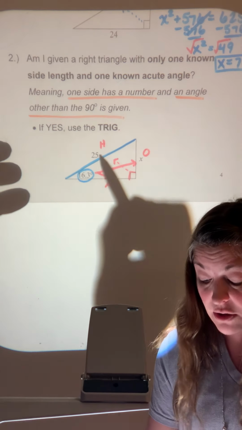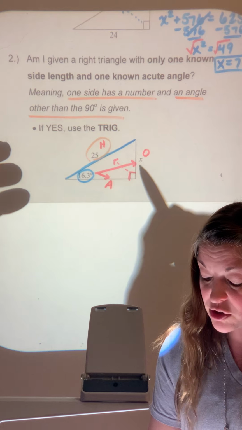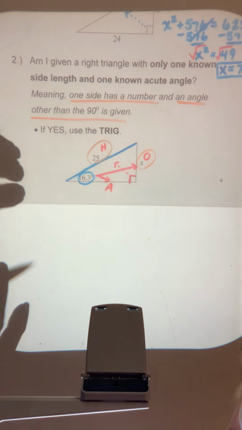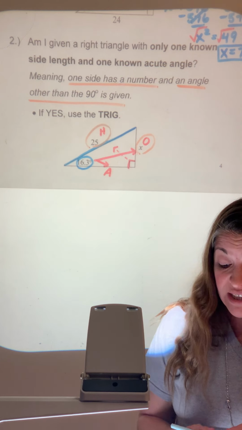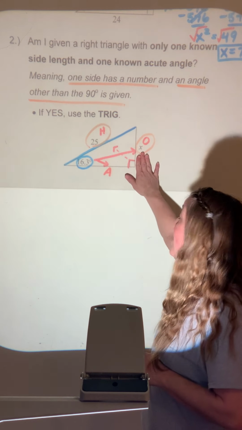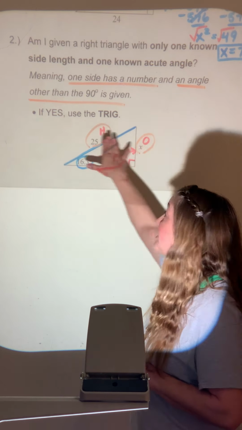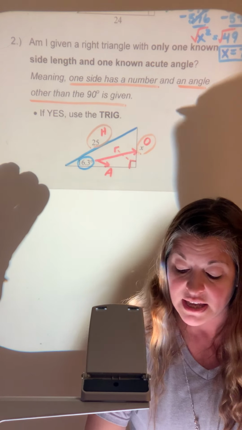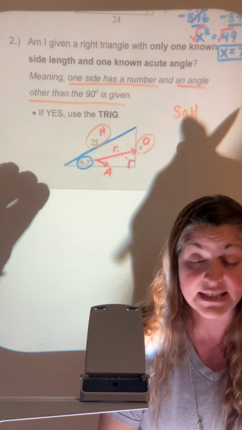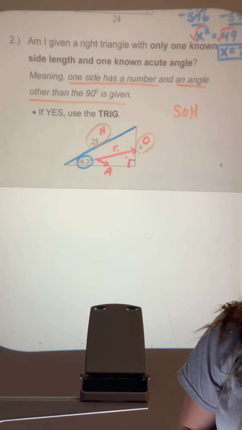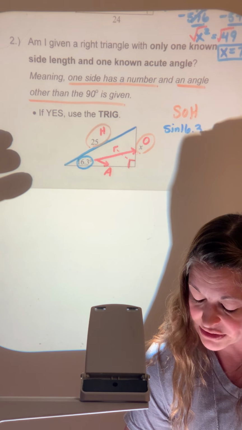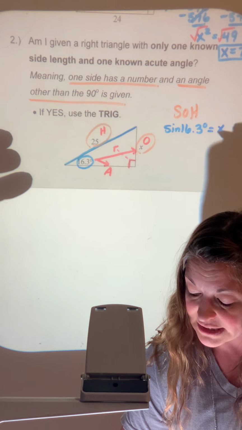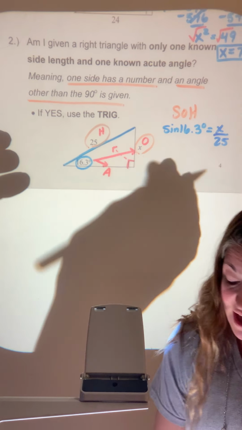Again, as a quick recall, I can only use the trig function that's going to use the two side lengths that have something on them. So in this case, I have to use whatever trig function uses the opposite and the hypotenuse. In our SOHCAHTOA, that is the SO. So we're going to do the sine of 16.3 degrees equals x over 25.